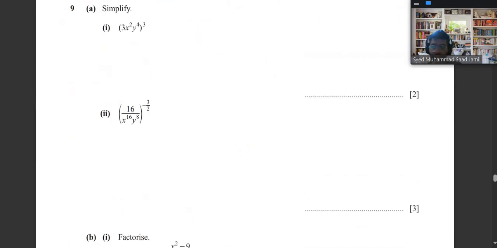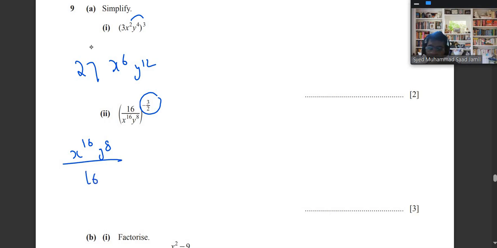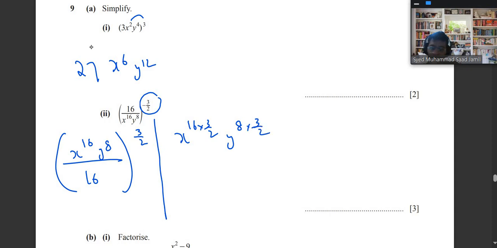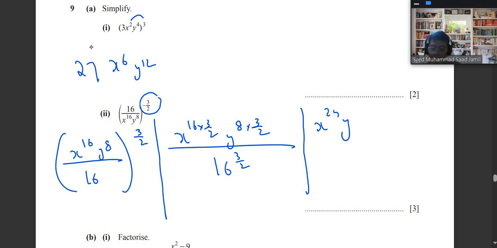Now the next question says simplify. So 3 raised to power 3 is 27, x² multiplied by 3 is x⁶, and y⁴ multiplied by 3 is y¹². Next, since this is negative 3/2, we will shift it, it becomes x¹⁶y⁸ upon 16 raised to power positive 3/2. Now x¹⁶ multiplied by 3/2 is x²⁴, y⁸ multiplied by 3/2 is y¹². 16 you can write as 4² raised to 3/2.